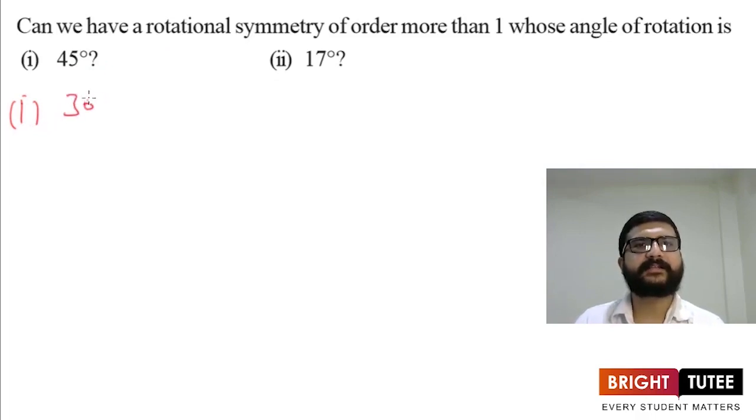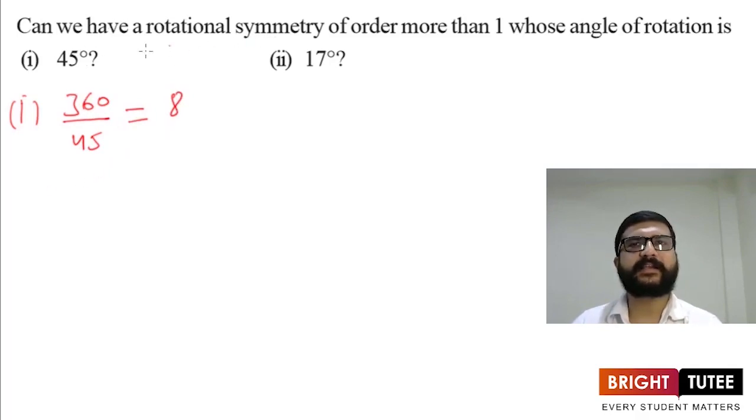It will be 360 divided by 45. As we know, 360 is completely divisible by 45, so we can do this. Now this will give us 8. So therefore, the order of rotational symmetry of such a figure whose angle of rotation is 45 degrees is 8.